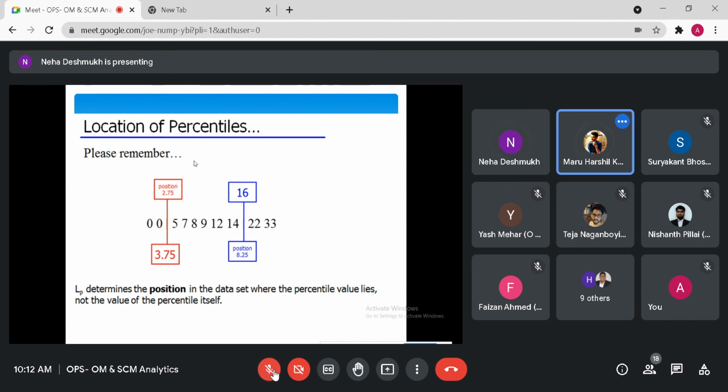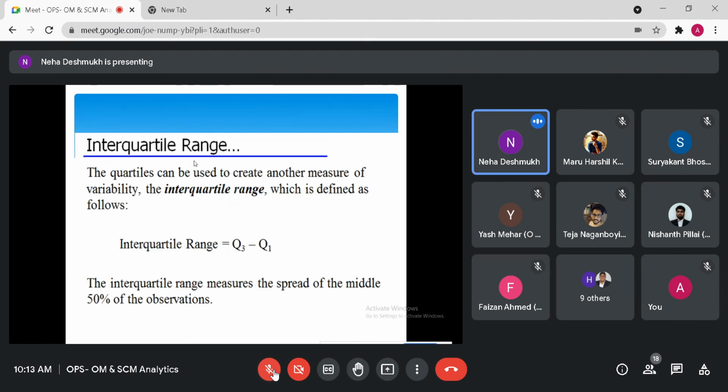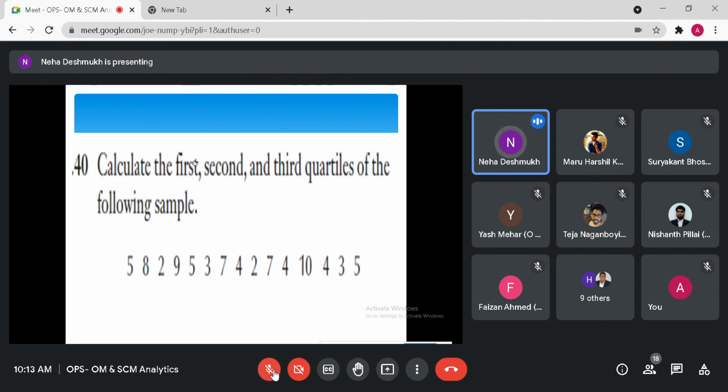Yes, ma'am. Clear? Yes, ma'am. So in this way you can calculate the interquartile range. Interquartile range is denoted by Q3 minus Q1. Interquartile range measures the spread of the middle 50% of all the observations. Now calculate the first, second and third quartile for the following. Calculate it and show me the result.